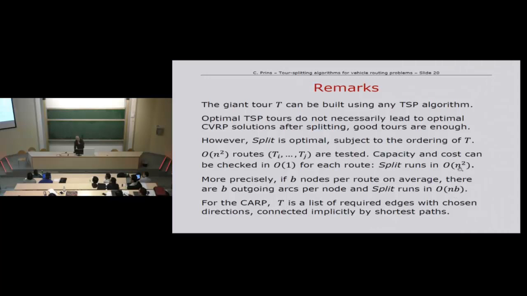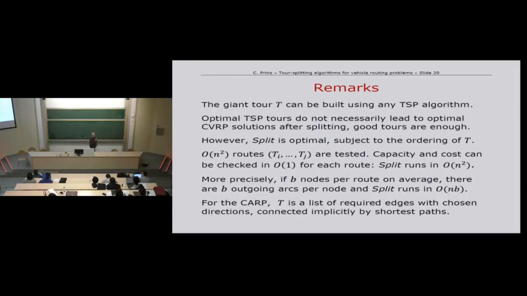So in general it's better than n squared, especially if the capacity of the vehicle is small, you don't have trips with almost n nodes. You have small trips, for instance, with 2, 3, or 4 customers. In that case, the second complexity is much better.